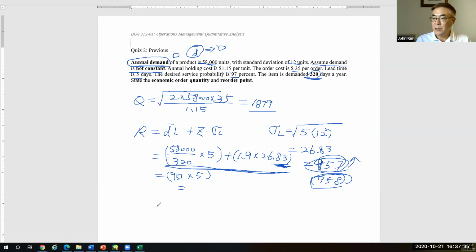If you only give an answer like R equals 956 and it is different, I cannot give partial credit, because I don't know where the mistake is. Sometimes the student uses 1.9 and the answer is wrong.